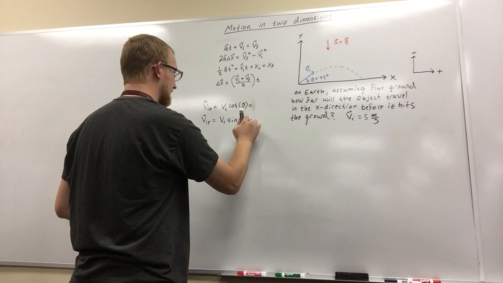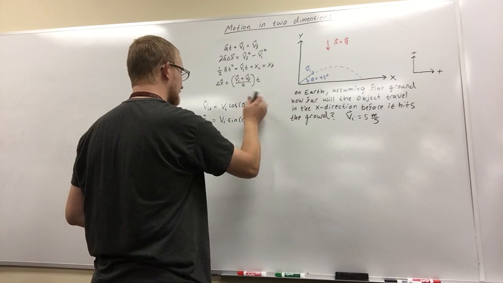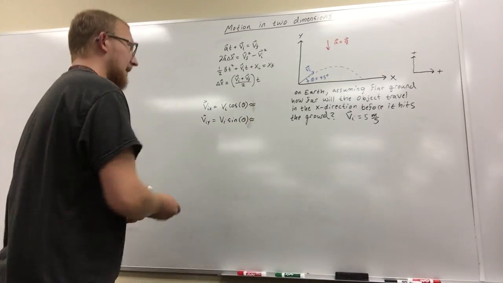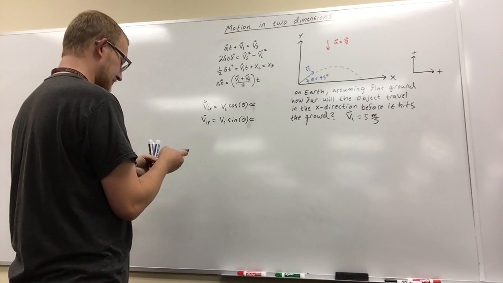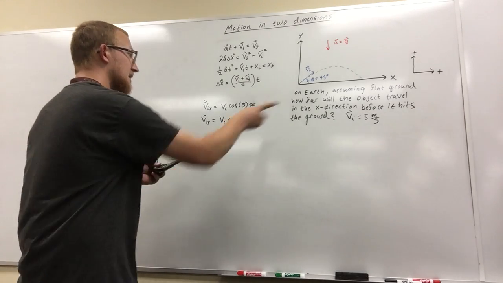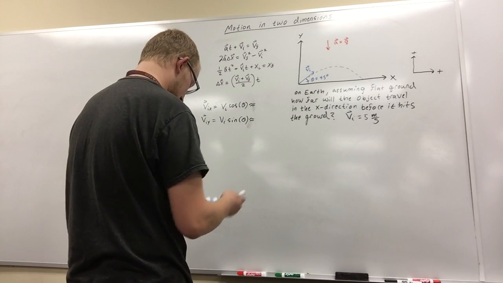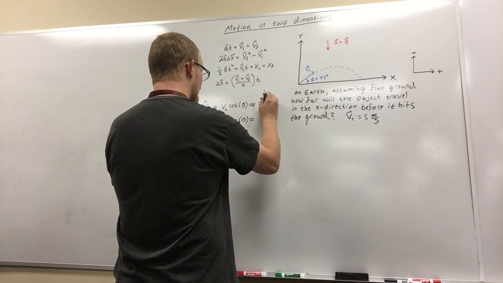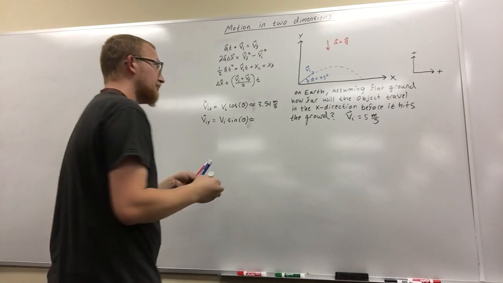Let's go ahead and calculate those out and get a good approximation. Alright, so our angle is 45 degrees. Cosine of 45 degrees is root 2 over 2 times the initial velocity of 5. That's giving me roughly 3.54 meters per second.